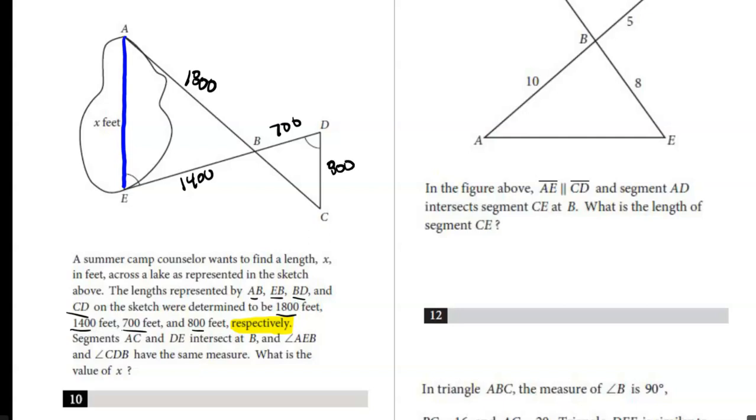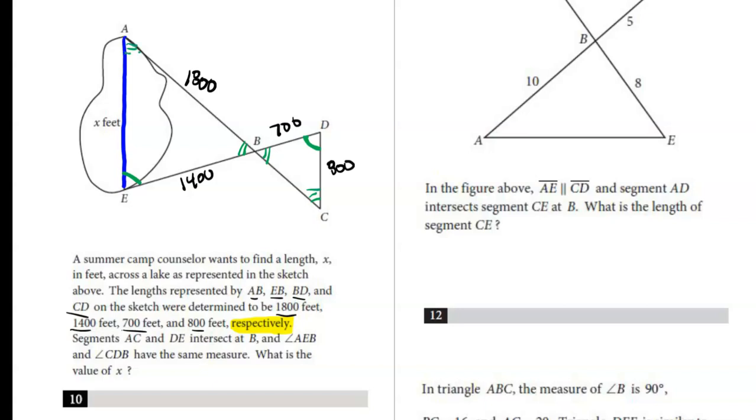So those are the 4 numbers that they gave me. Angle AEB and CDB have the same measure. So it looks like that this angle is congruent to that angle, which is really helpful because since I have vertical angles in here in the center, since those two match up, that means that this third angle has to be the same. So we basically have 2 triangles.